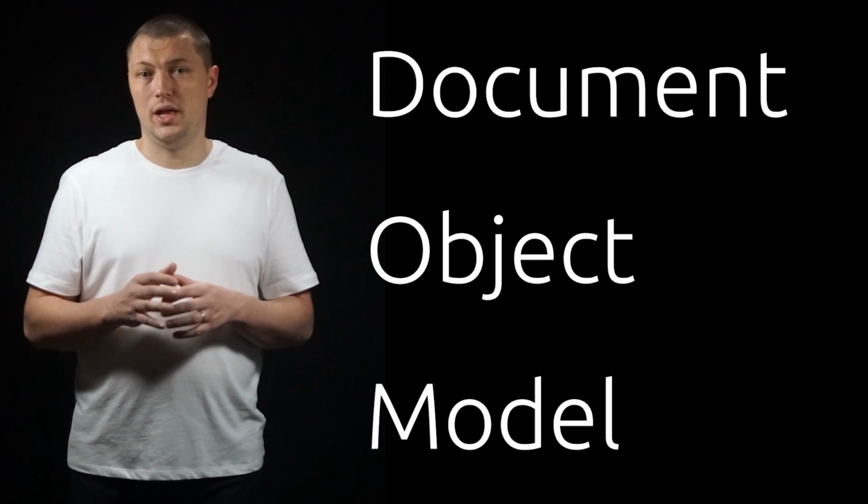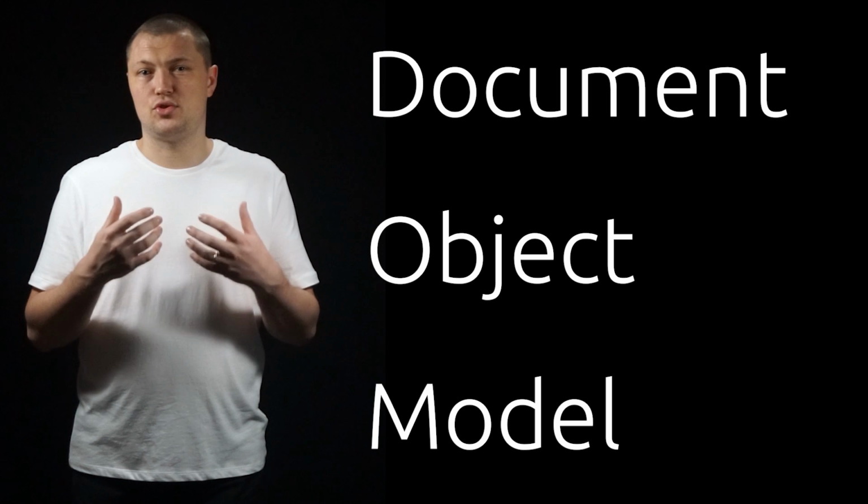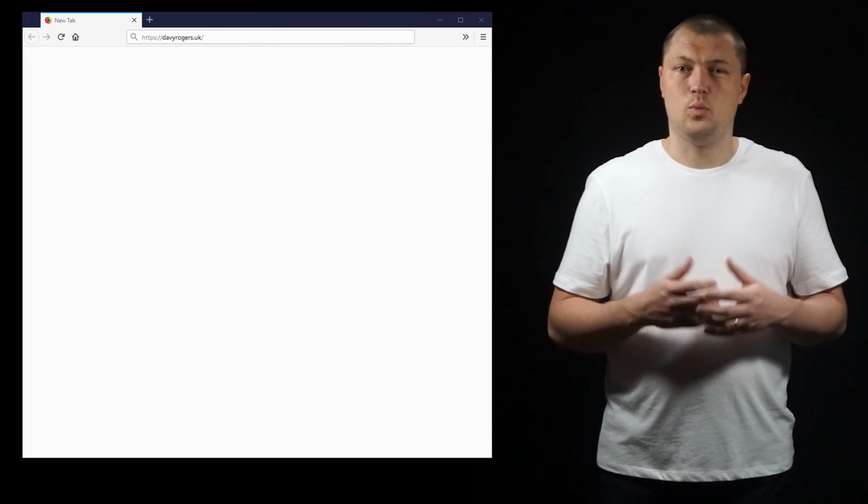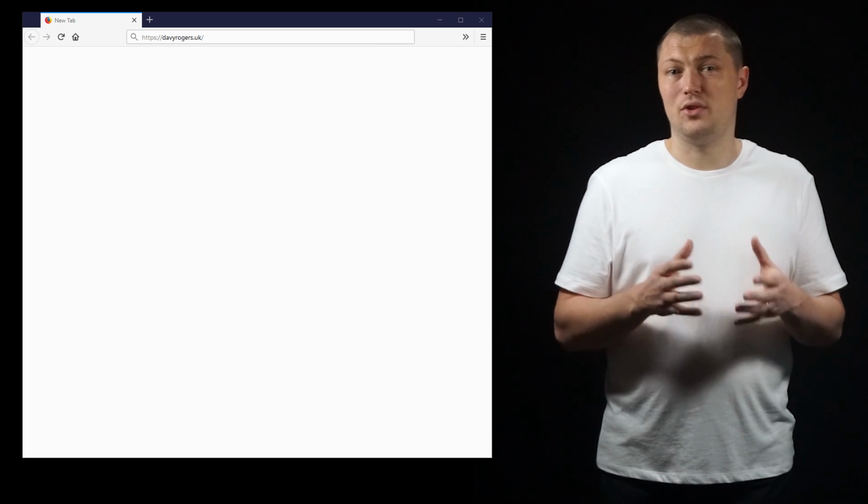The third type of attack we're going to cover in this video is the DOM-based attack. It's a little more to explain, but it's pretty cool, so stick with me. DOM stands for Document Object Model, and it basically describes the structure of a web page that's being read by your browser. A web page is a hierarchy of objects.